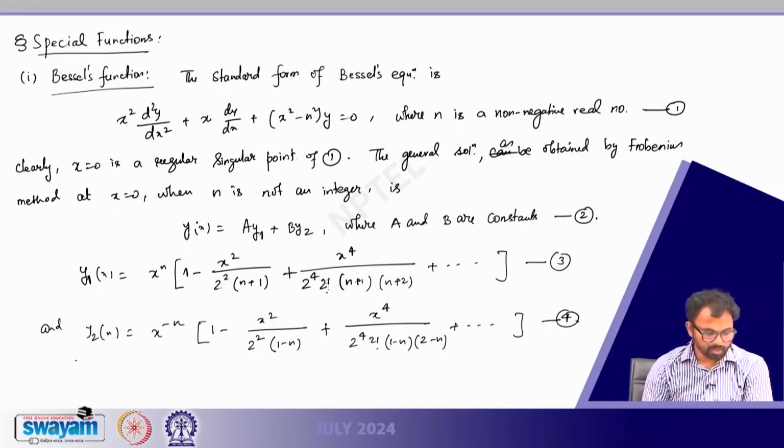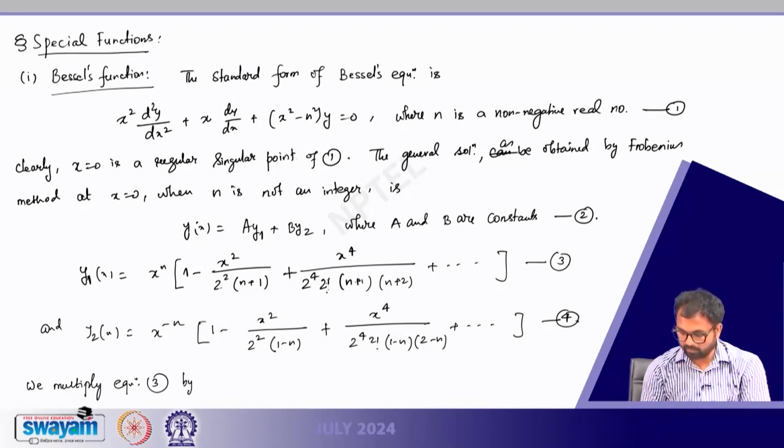So, equation 3 we will simplify: we multiply equation 3 by 1 by 2 to the power n gamma(n plus 1). Gamma is our usual gamma function.